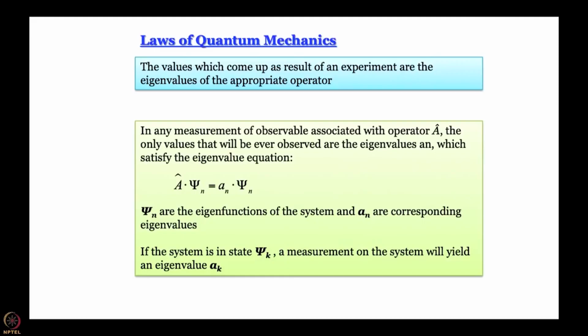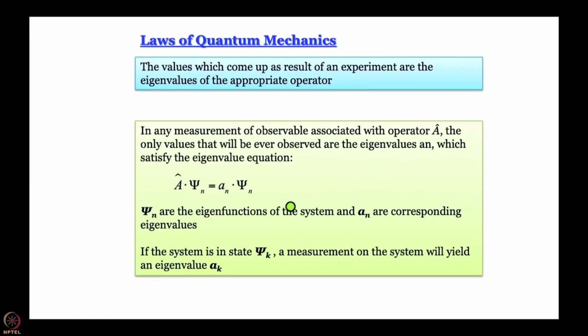If you look at this expression, we can think like this: the wave function contains all the information of the system. If you ask it, it is going to give you the information. How do you ask a question to a wave function? By making the appropriate operator operate on the wave function.